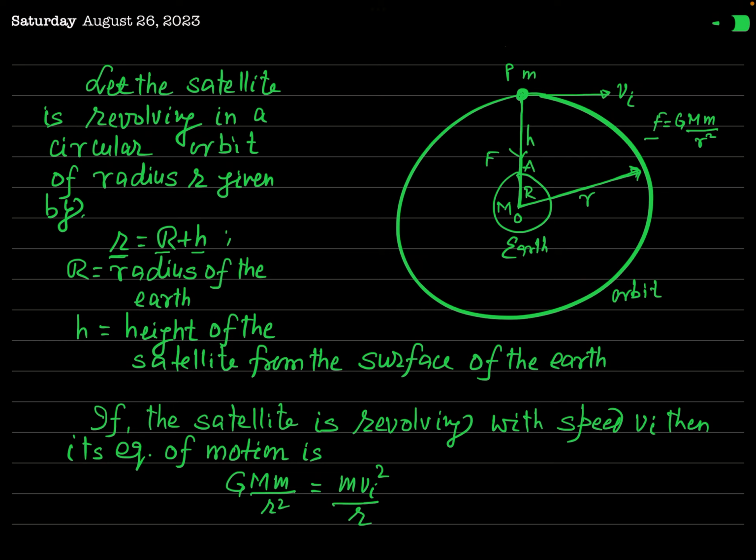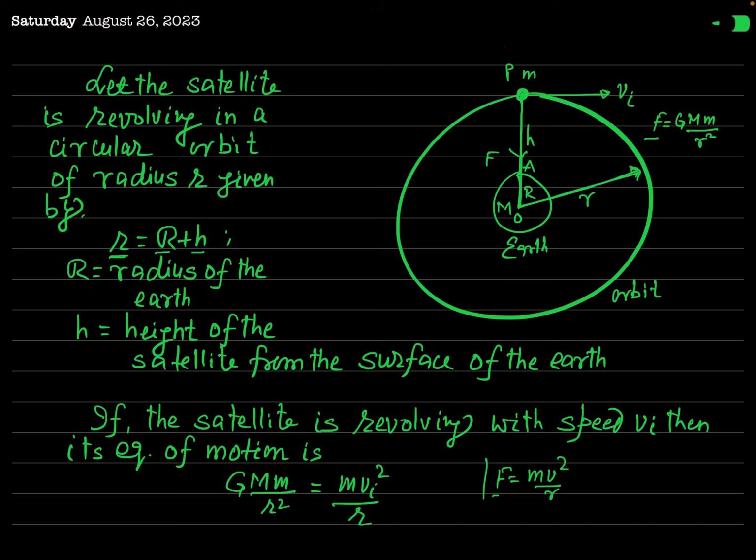for its circular motion. So you can easily write the equation of motion of the satellite. You know, for circular motion, the centripetal force F must be equal to ma, and a, which is called centripetal acceleration, is v square by r. So the equation of motion will be F equal to mv square by r.